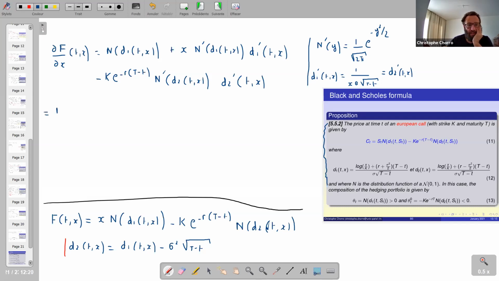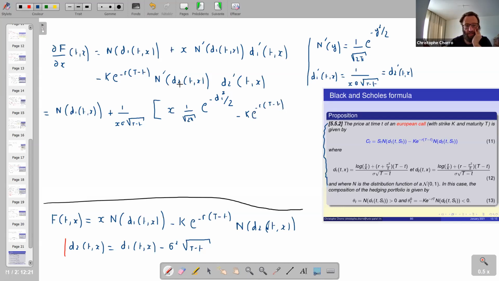So using all these things, I have N(d1 of t, x), that is in fact the term I want to obtain, plus, what I can put into factor by the d prime because they are the same here, so I can write it this way: 1 over x sigma the square root of capital T minus t, because the two derivatives are equal, and then I have a term that is x N prime of d1, that is 1 over the square root of 2 pi exponential minus d1 square over 2, that is this part here, and minus K exponential minus r (capital T minus t).